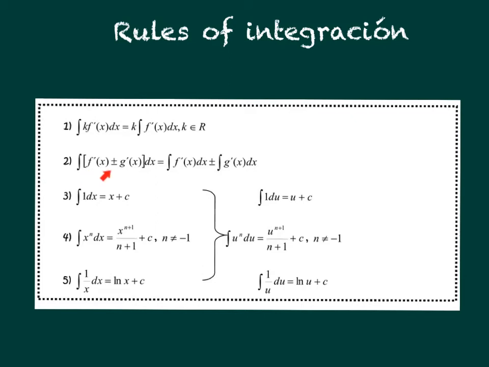The second rule works for addition and subtraction of functions. We have addition and subtraction of f prime and g prime of x times differential of x. All we have to do when we have an addition or subtraction of functions is just obtain the integral of f prime of x times dx plus or minus the integral of g prime of x times dx.